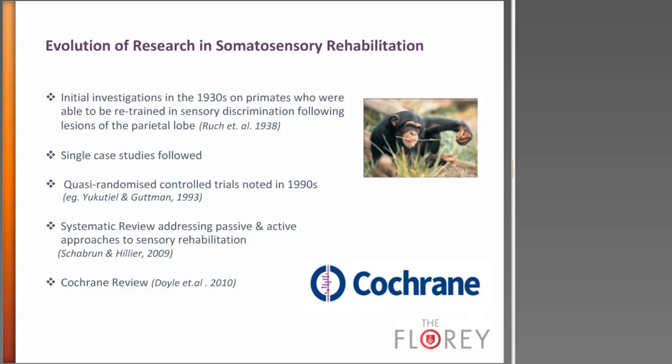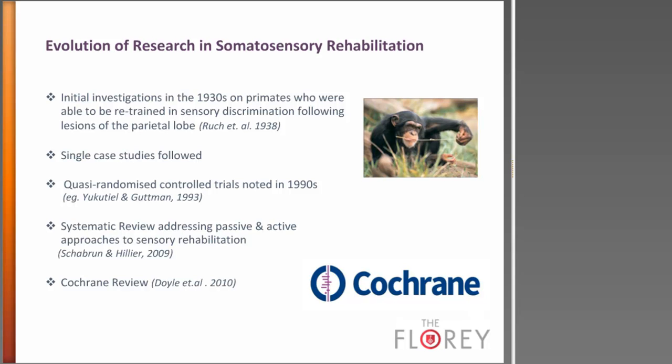So additional studies followed, and then a synthesis of available research occurred with 2 systematic reviews in 2009 and 2010. And I guess the summary of literature in this area identified that there are a range of interventions that are being provided for somatosensory loss after stroke, and these include compression, electrical stimulation, thermal stimulation, magnetic stimulation, sensory integrative treatment, some robotics, mirror therapy, and sensory retraining programs.